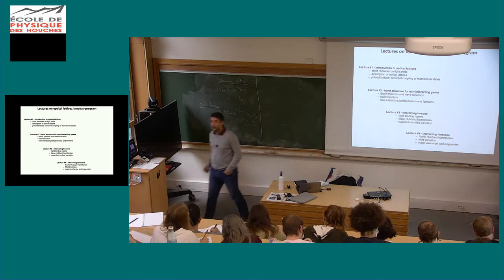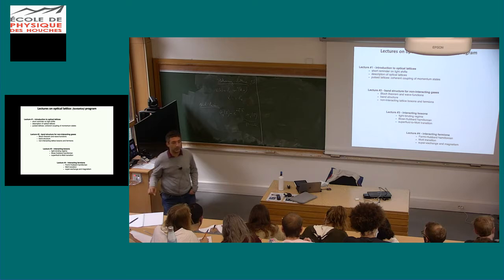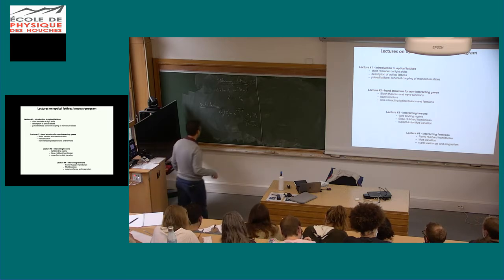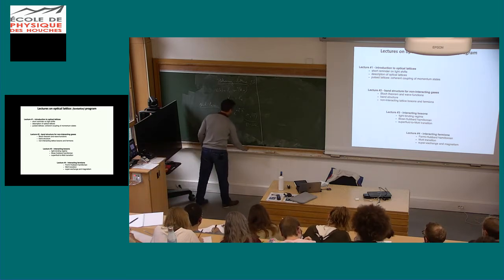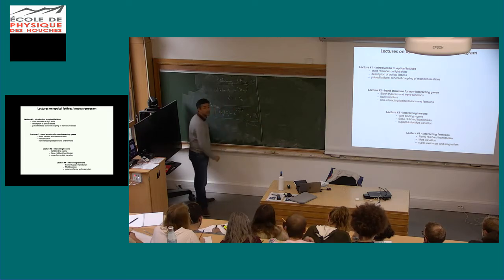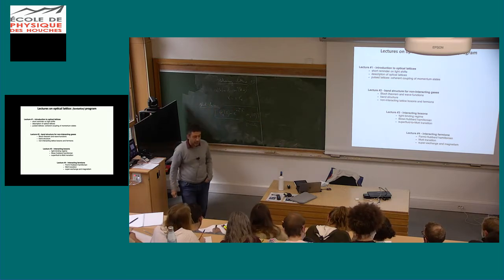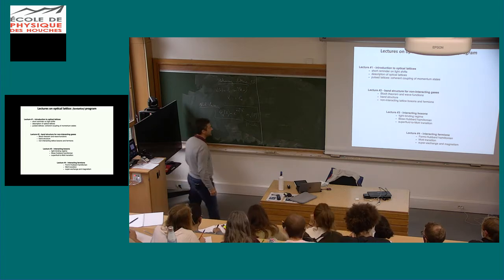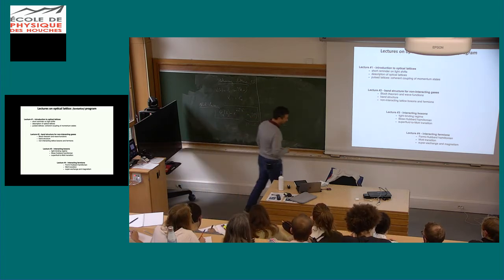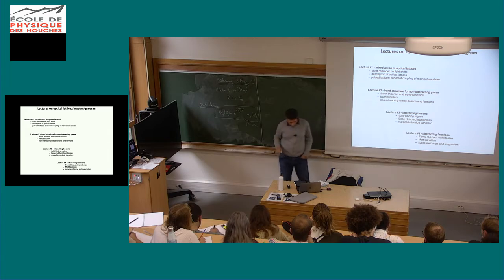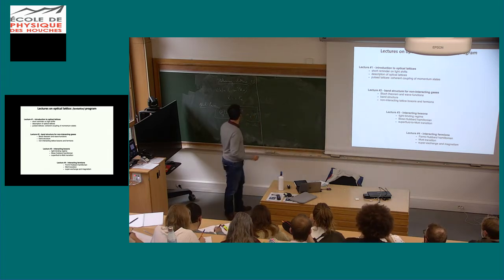I will just walk quickly through how one can convince oneself that it is indeed the case. It's relatively easy, and I will not detail everything, but just remind you how it works.